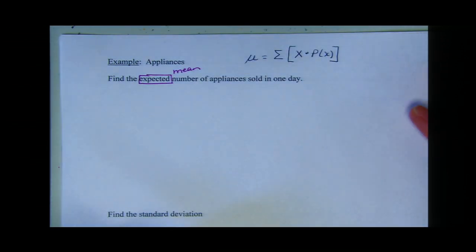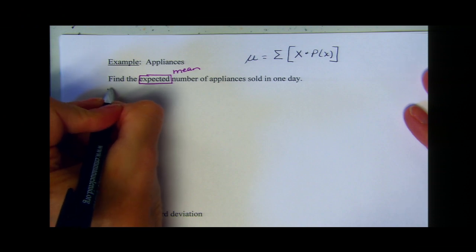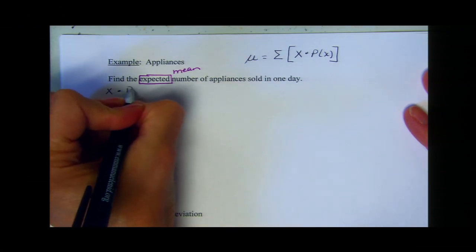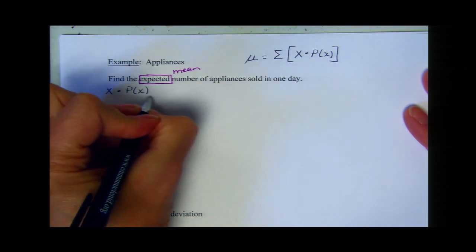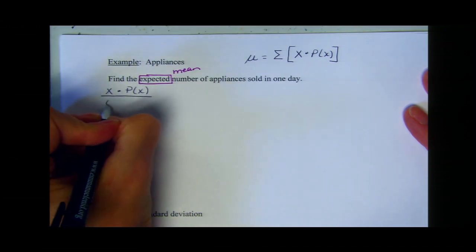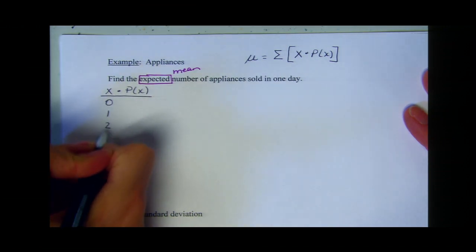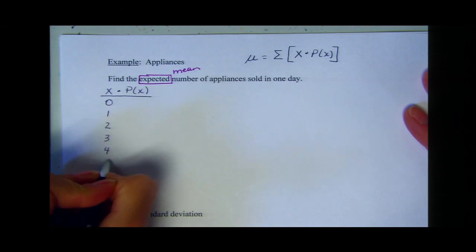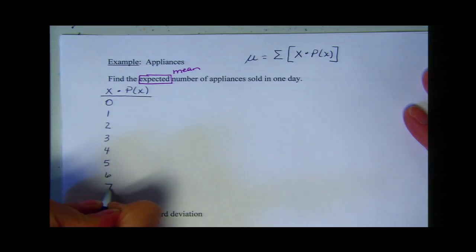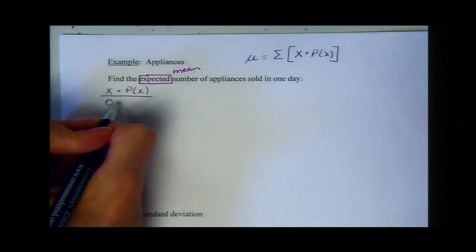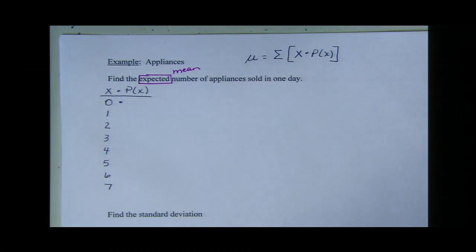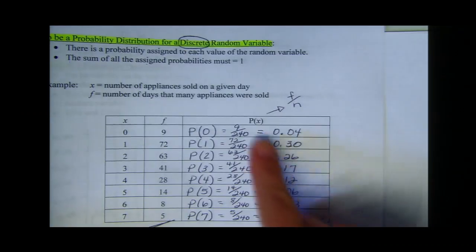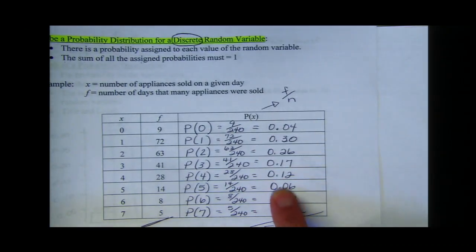So what we need to do is calculate x times p of x for each x value. We had 0, 1, 2, 3, 4, 5, 6, 7, and we're going to multiply them times each of their probabilities. P of x would be these numbers right here.